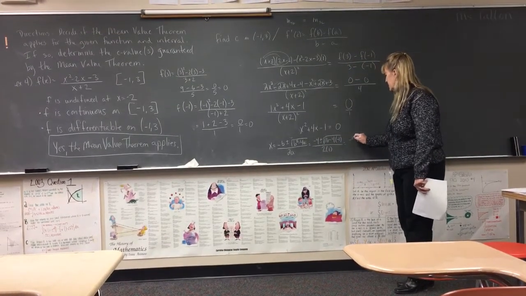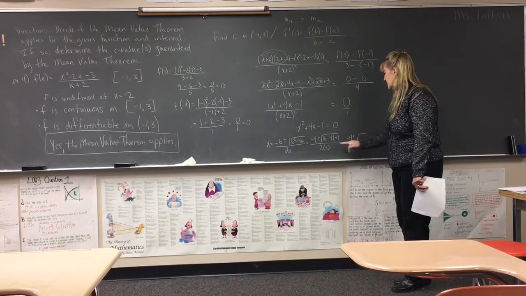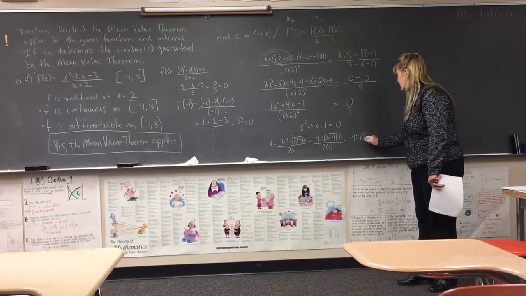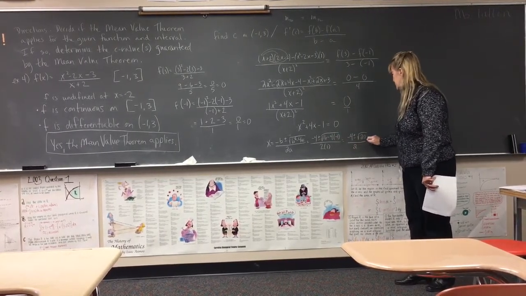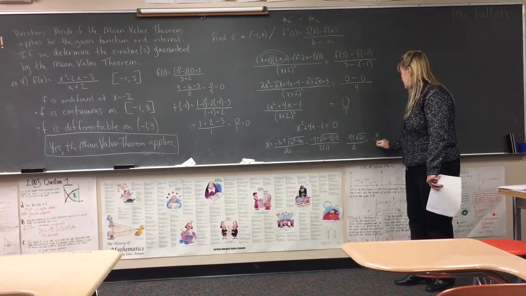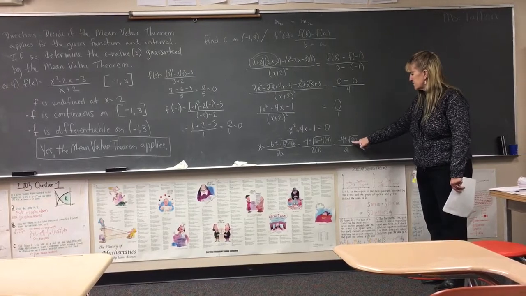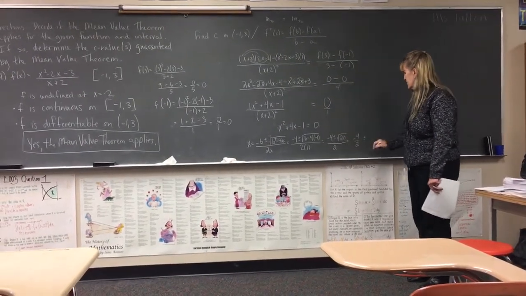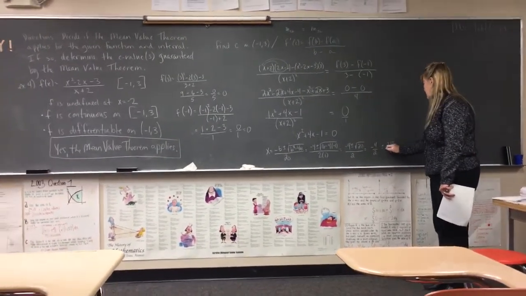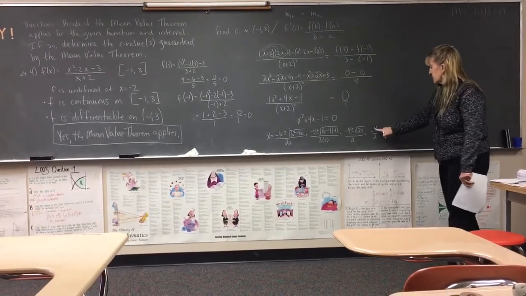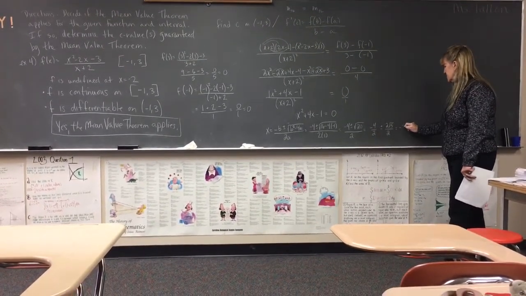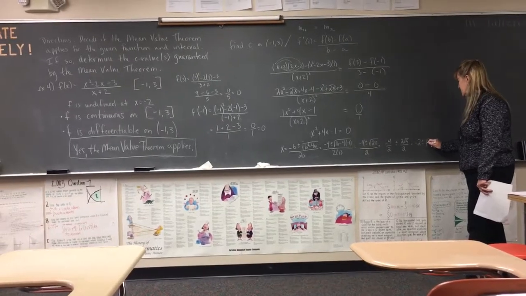This gives me -4 plus or minus the square root of 16 plus 4 is 20 all over 2. -4 over 2 plus or minus the square root of 20 can be broken down into 4 times 5 inside here. So 2 root 5 all over 2. -4 divided by 2 is -2 plus or minus the square root of 5.